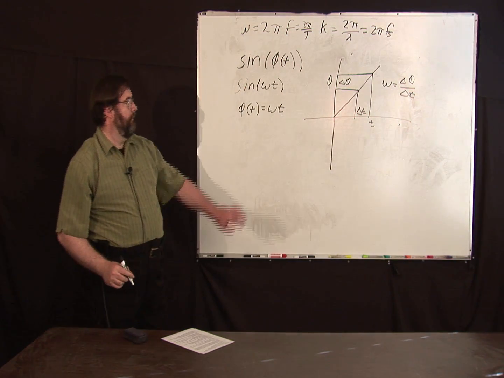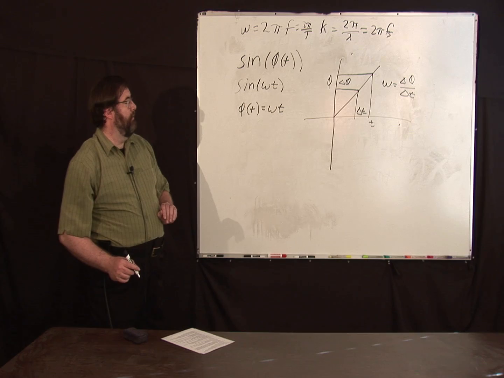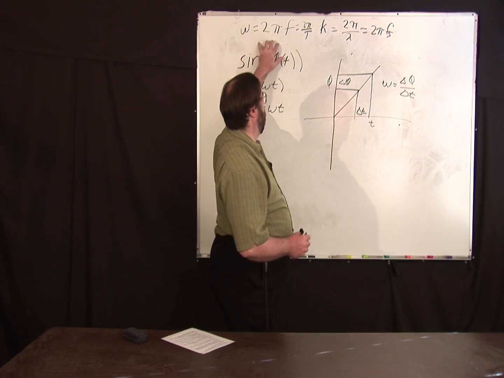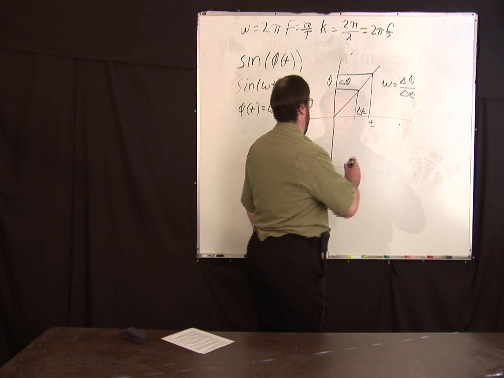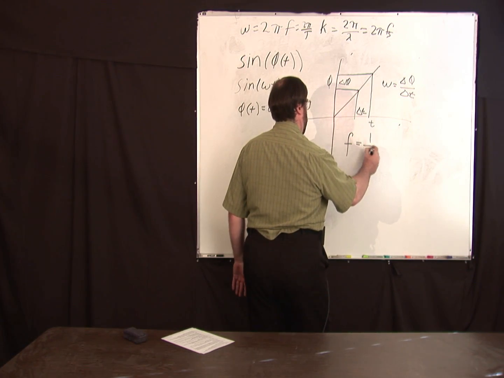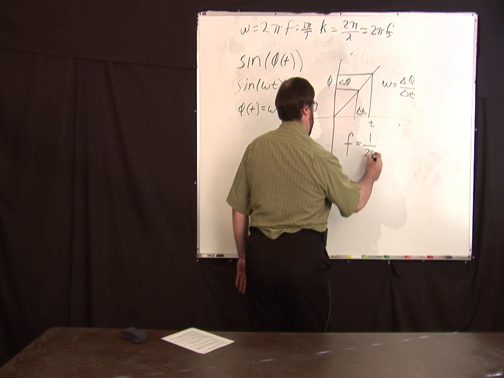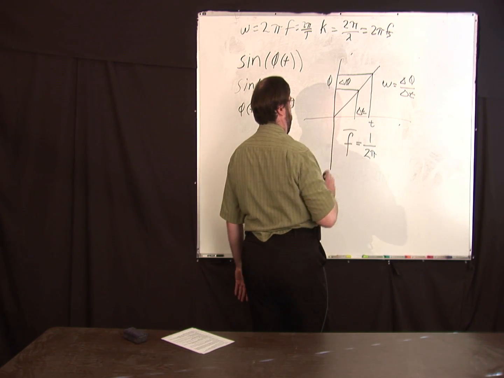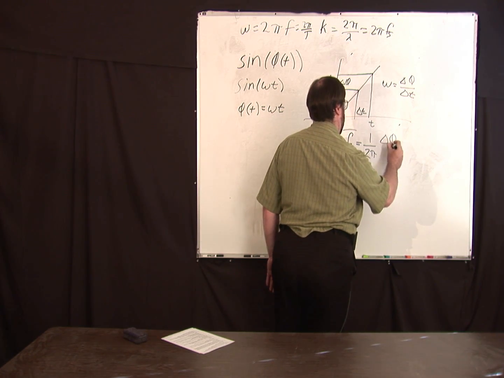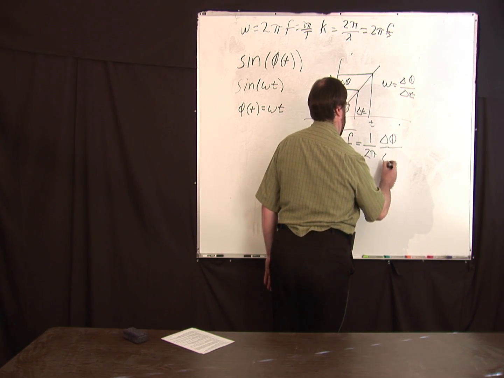Okay. Now if you want to get the frequency out of that, we can solve by using this relationship here, so that f equals 1 over 2 pi. This is the average frequency now over this interval. Delta phi over delta t.